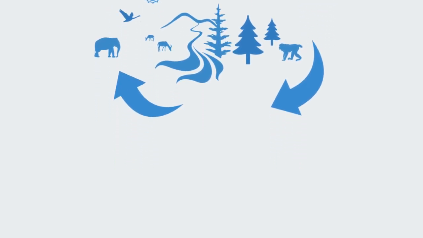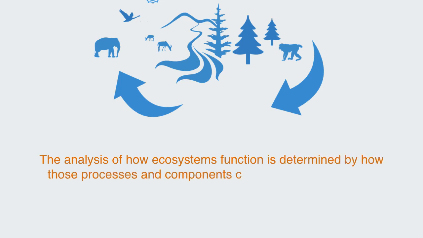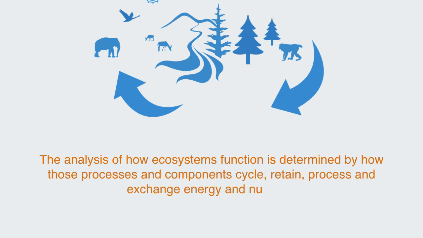The analysis of how ecosystems function is determined by how these processes and components cycle, retain, transform, and exchange energy and nutrients. Systems ecology typically involves the application of computer models that track the flow of energy and materials and predict the responses of the system to perturbations.